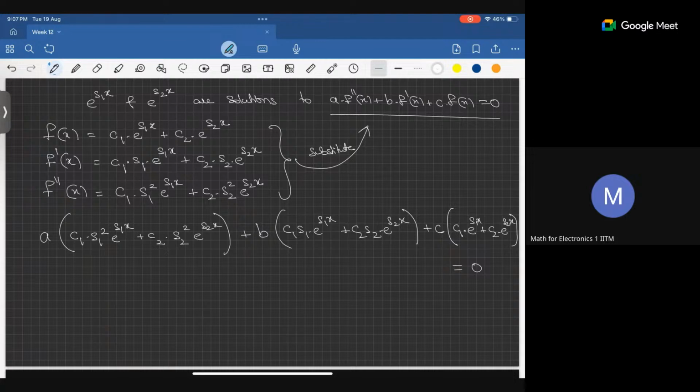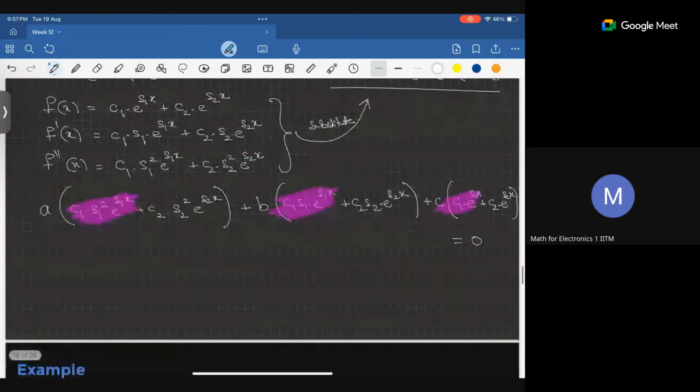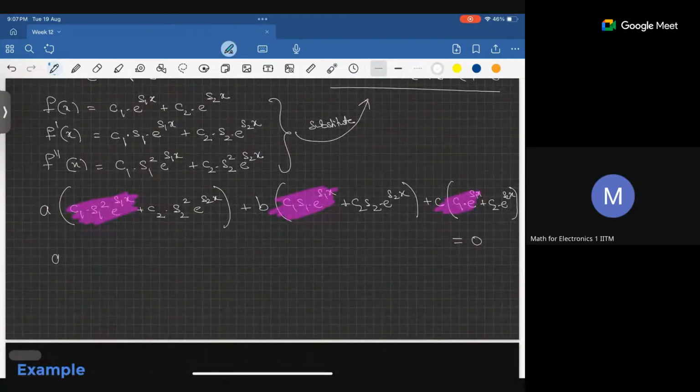So now we will pull all e power s1 terms together and e power s2 terms together. So e power s1 terms are this one and this one. Right, so if I pull all these three together, we'll have a c1 s1 square plus b c1 s1 plus c into c1, whole into e power s1x.